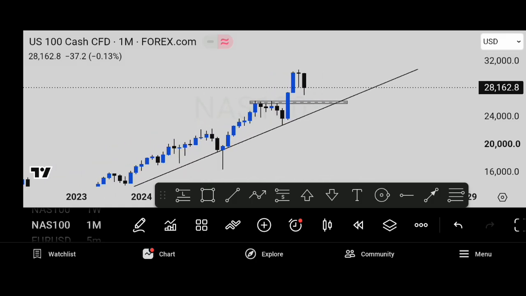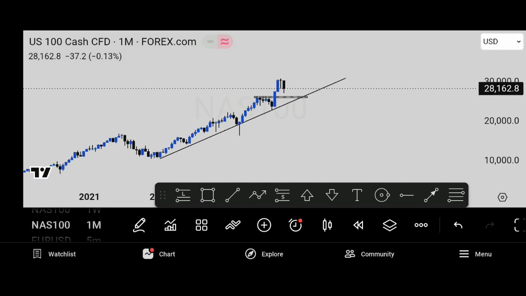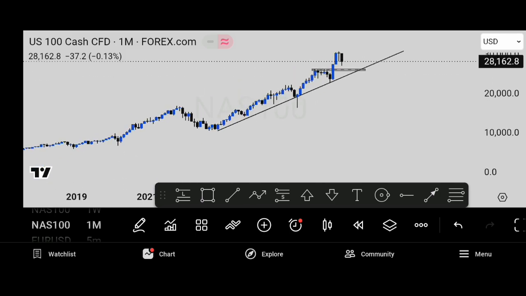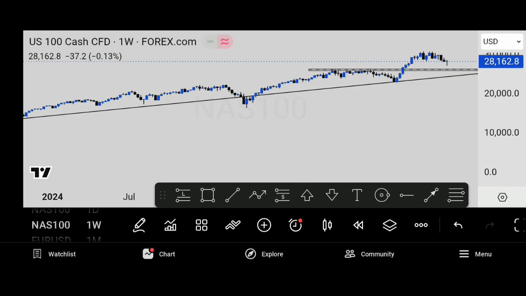So yeah, let's just scale down to the weekly time frame. As we all can see, Nasdaq is a bullish market, right?